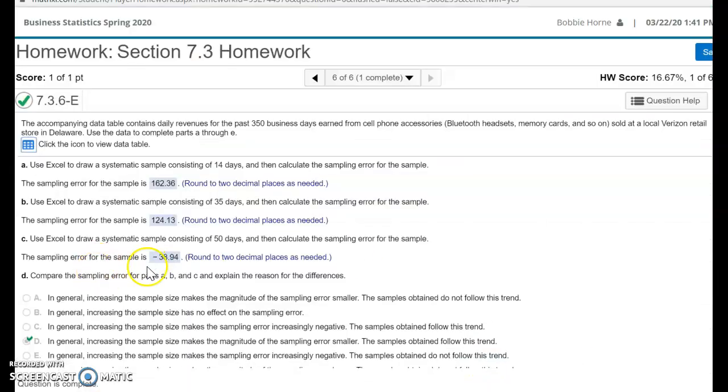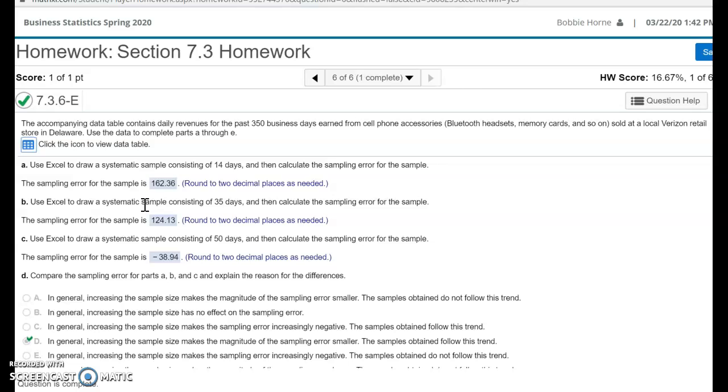Now compare the sampling error. Notice that with 162, the error is a little bit larger. With 124, it's getting smaller. And then negative 38.94 is still smaller than the one before. You can think about the distance from 0. The error is still smaller than it was previously.